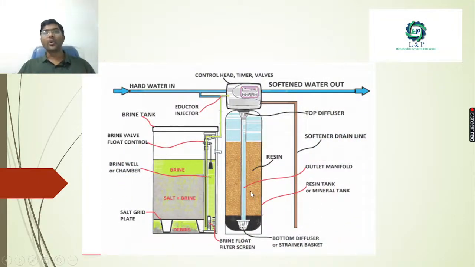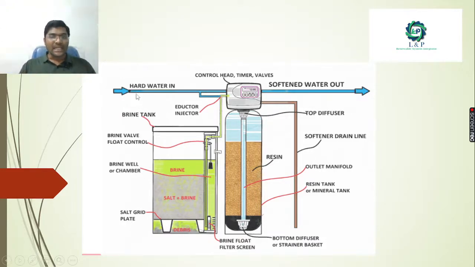If we are going for an industrial level, then we should have a separate brine tank, which might be very large. Then for doing the resin process, we need a separate tank, or we can call it a mineral tank.